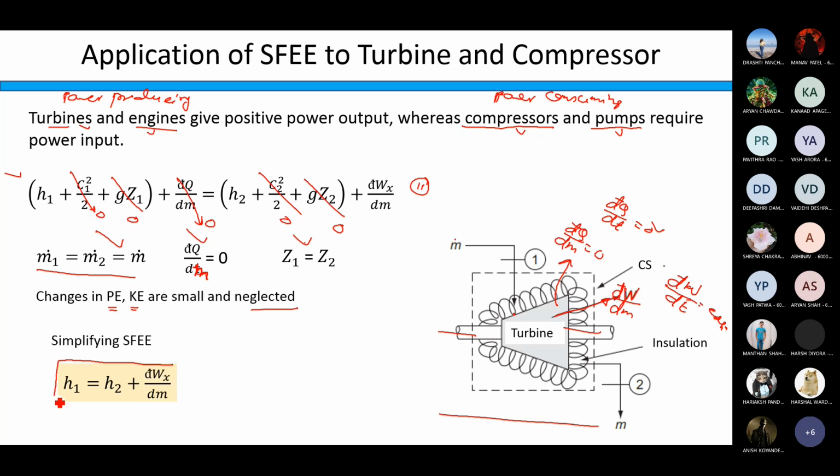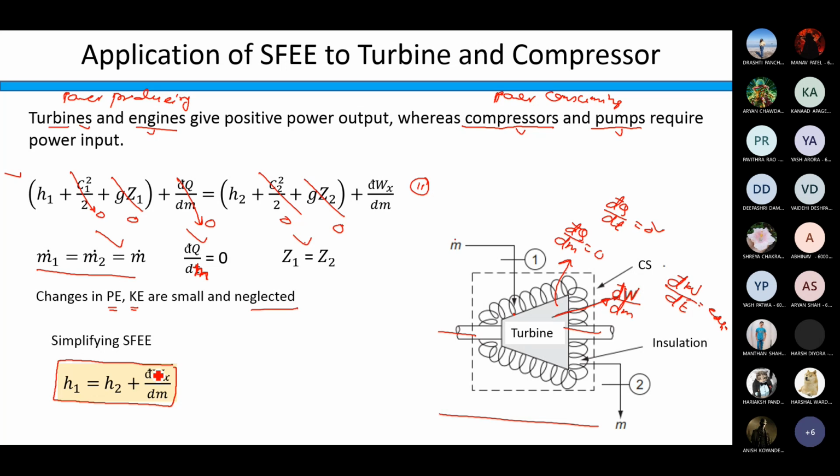H1 is equal to H2 plus d bar Wx by dm. This is the simplified form of the steady flow energy equation when applied to a turbine. Is it clear?